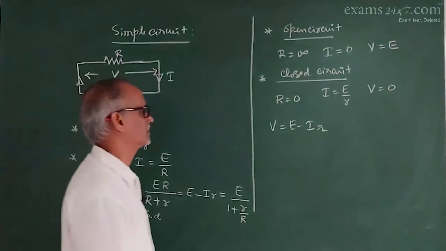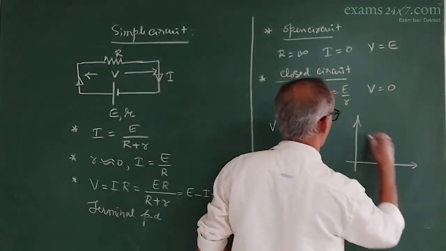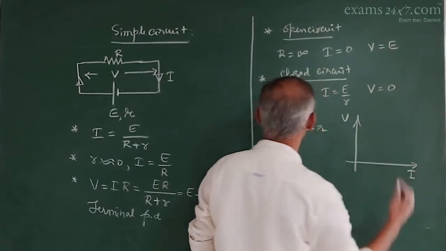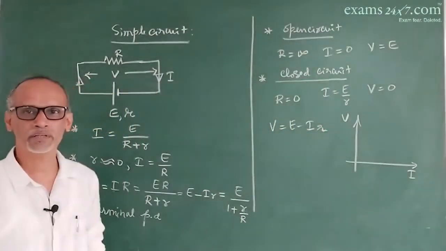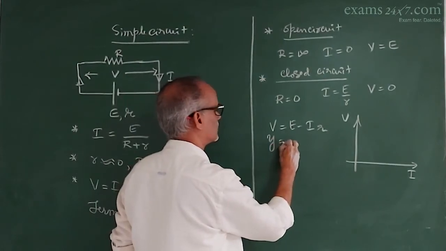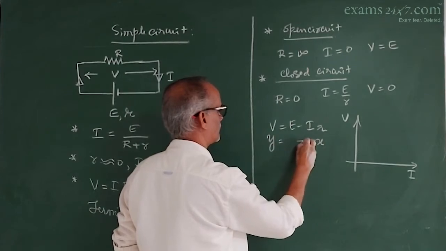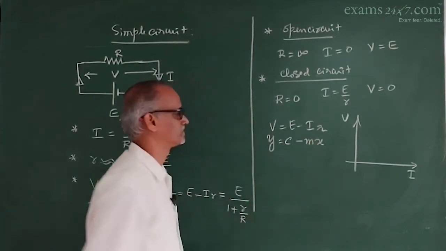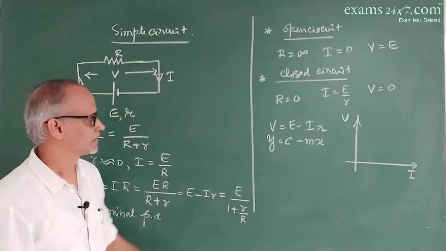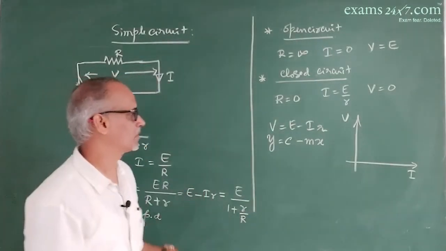So if I have to draw the variation of the voltage with the current, V is equal to E minus Ir. Then this equation is of the form y is equal to minus mx plus c. Minus mx, that means the slope is negative. It's a straight line, but the slope is negative.